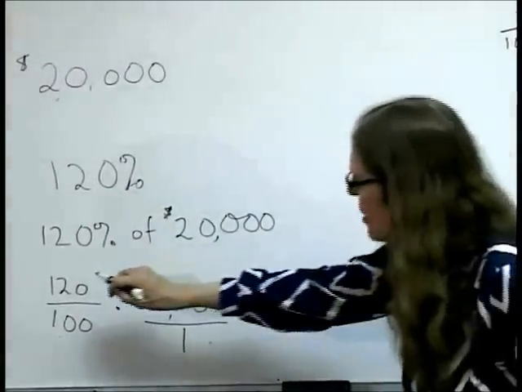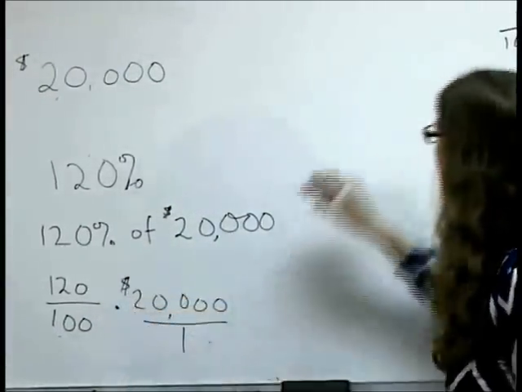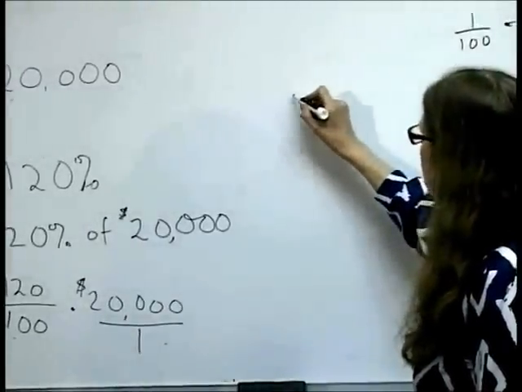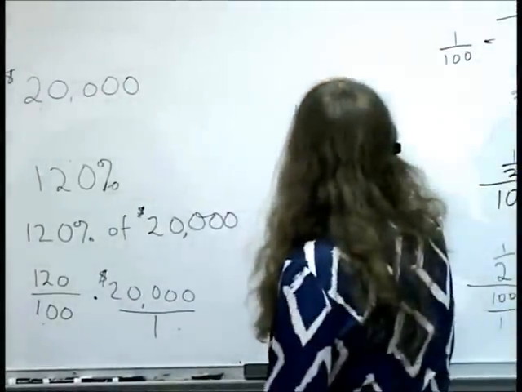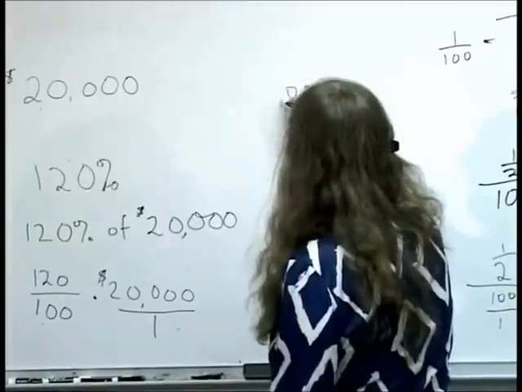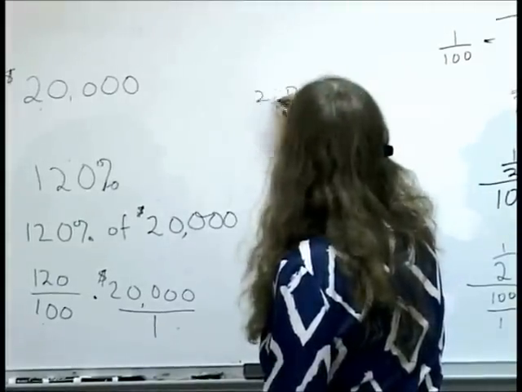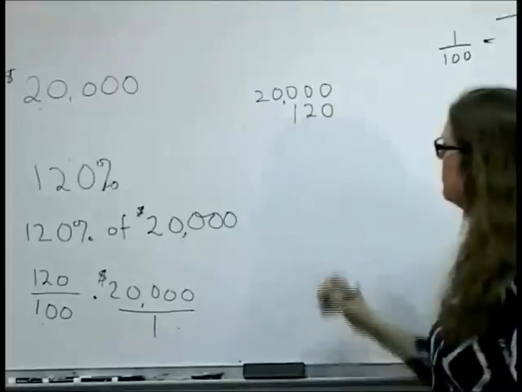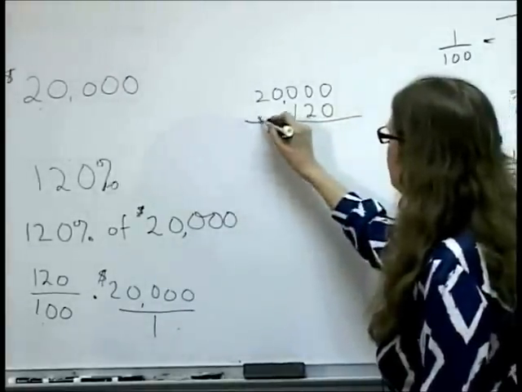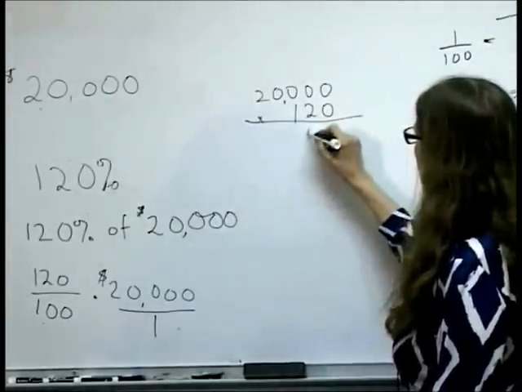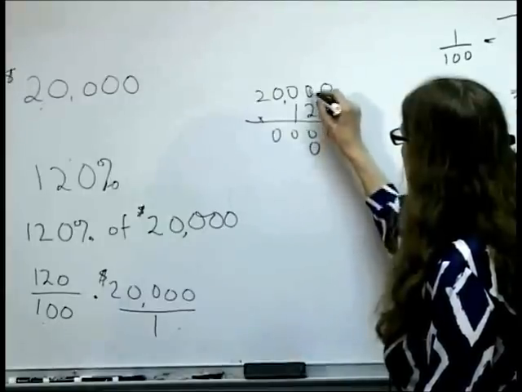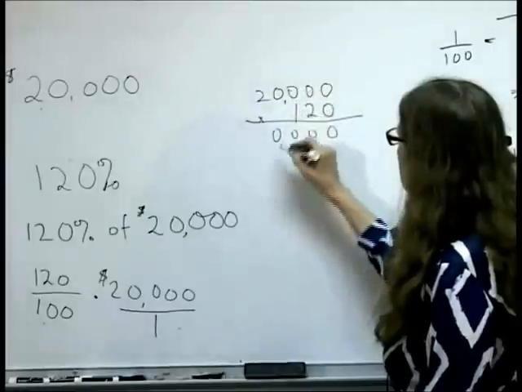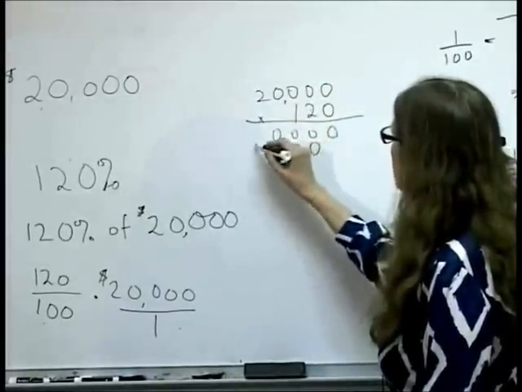So one way is to multiply the numerators and then multiply the denominators. So that would be 120 times 20,000. Okay? Multiply. This is going to be 0. 2 times 0 is 0. 2 times 0 is 0. 2 times 0 is 0. 2 times 0 is 0.